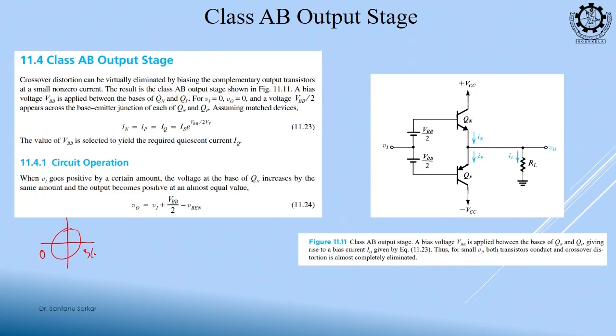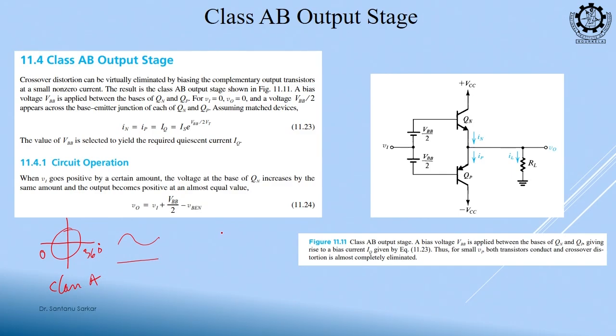Class A has an AC superimposed with DC, so it is on for the full cycle.